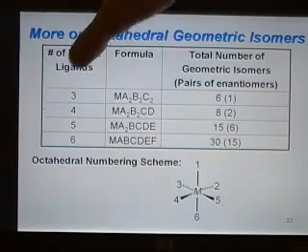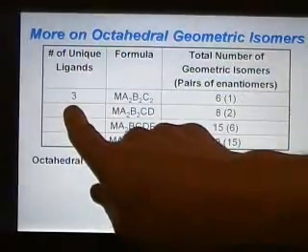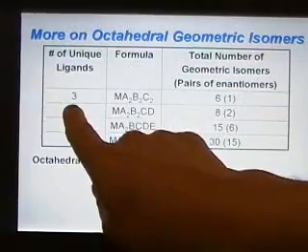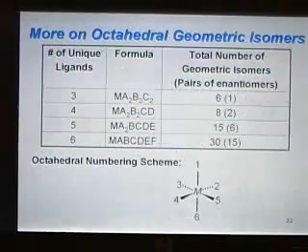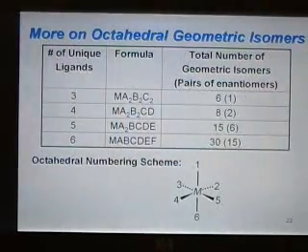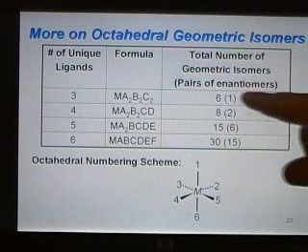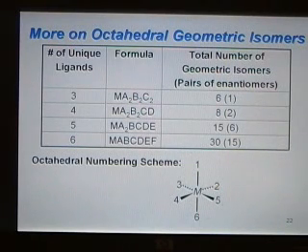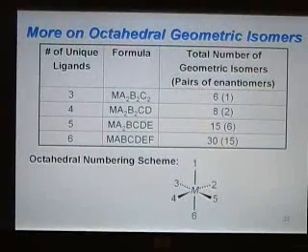So in the first case, which we've already looked at, we have three unique ligands, and the formula is Ma2B2C2, that means we have a total of 6 possible geometric isomers. And like we've shown, there was one pair. That means 2 of those isomers are enantiomers.